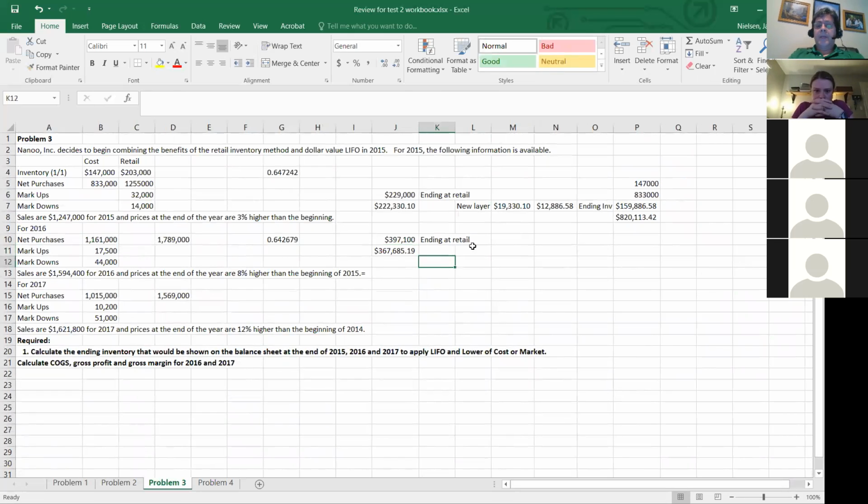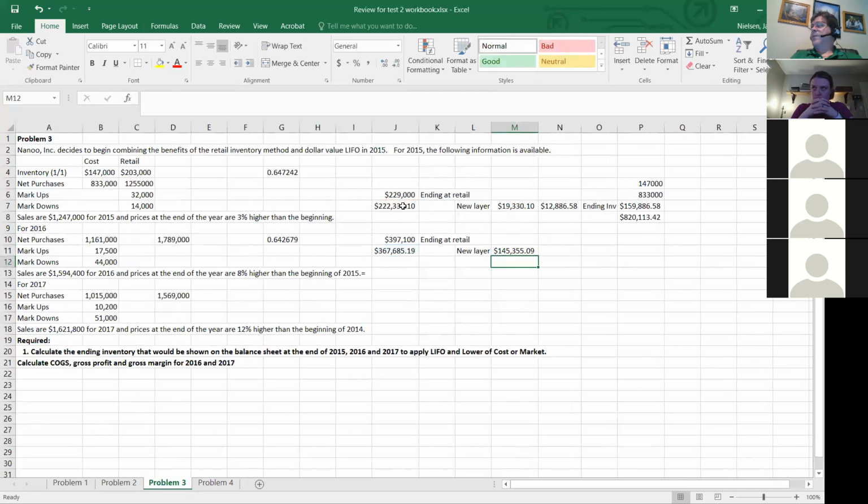Okay. So what is our new layer? We take this one, which doesn't have any inflation in it, and we compare it to the last time we didn't have inflation in it, and there we go, 145,355.